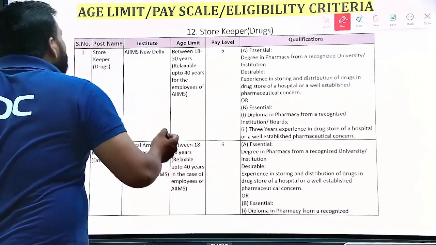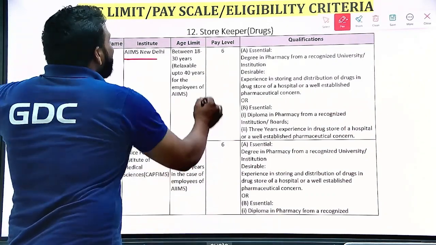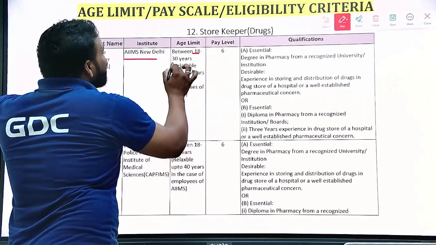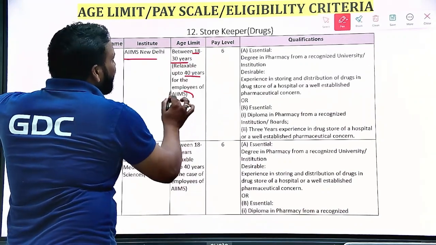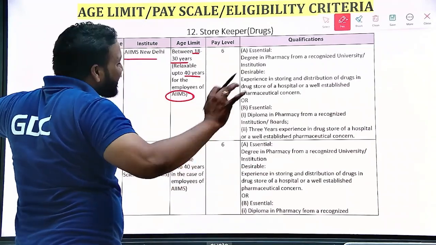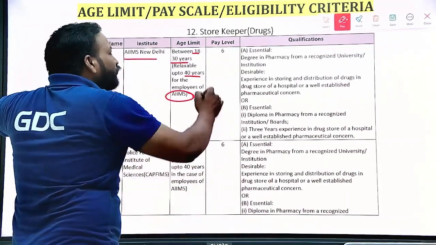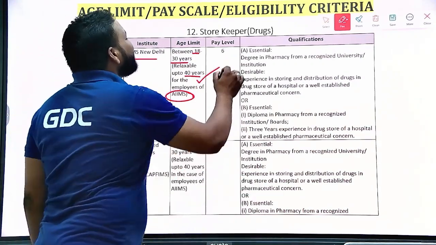For the storekeeper for drugs, especially in AIIMS New Delhi, the minimum age limit is 18 and the maximum is 30 years, relaxable up to 40 years for AIIMS employees. If any person is working in the AIIMS institute, he or she can get a 10 year relaxation, up to 40 years, and the pay level is 6.